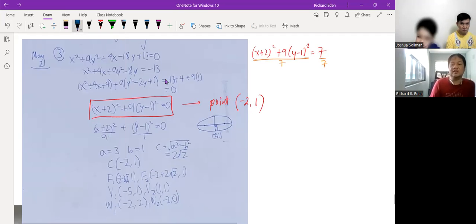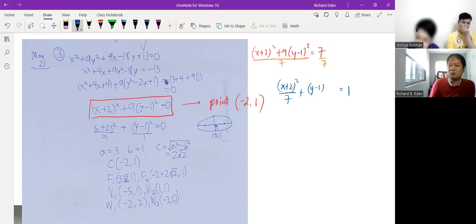If it's 0 on the right side, you cannot divide by 0. But here, you can divide by 7 because 7 is not 0. So that's how we get 1. And then x plus 2 quantity squared over 7 plus y minus 1 quantity squared over, well, you have 9 in the numerator and 7 downstairs, so you would have to rewrite that as a denominator of 7 over 9.